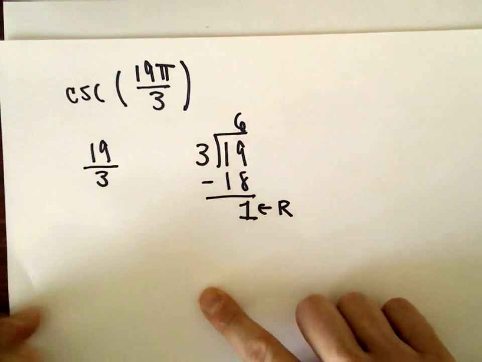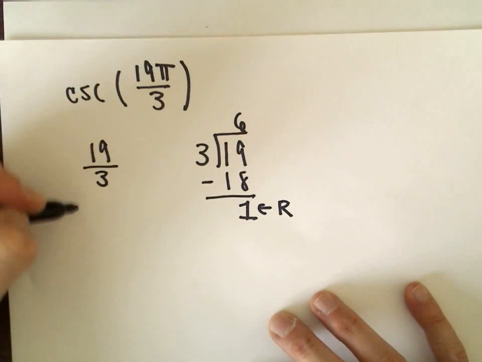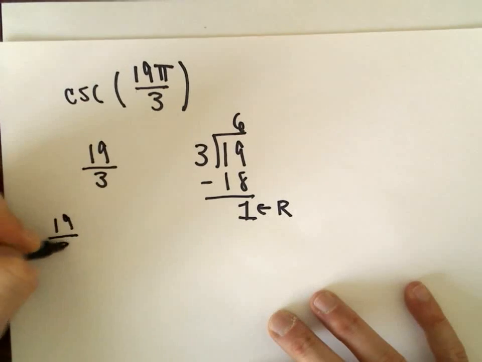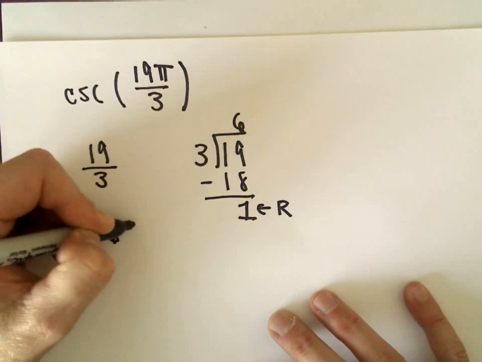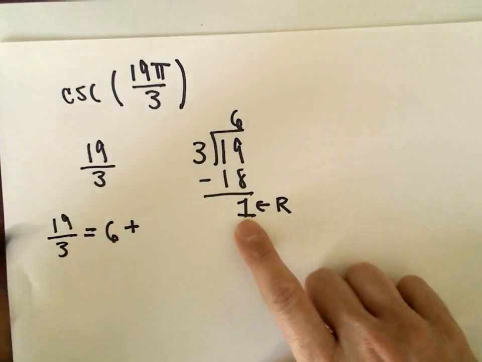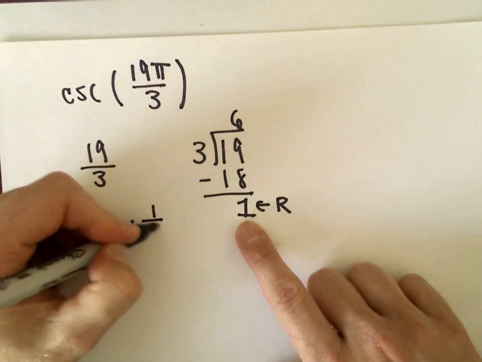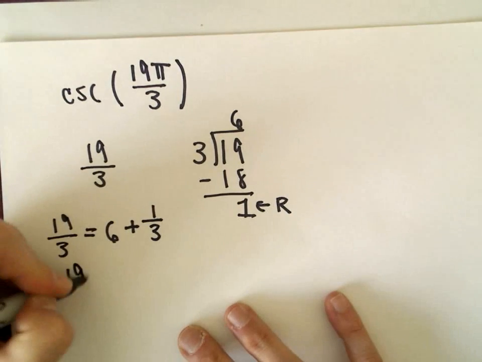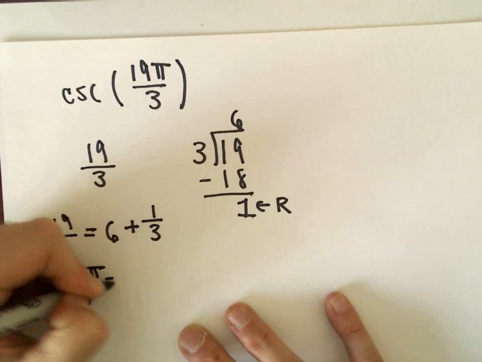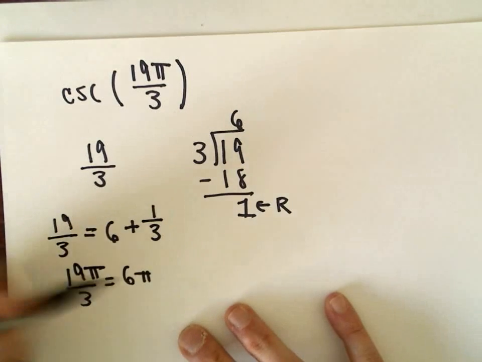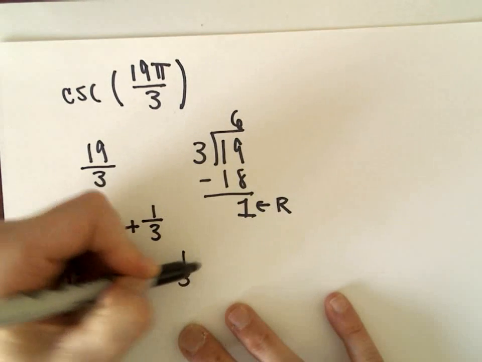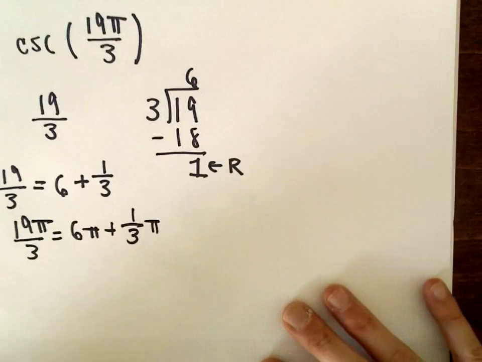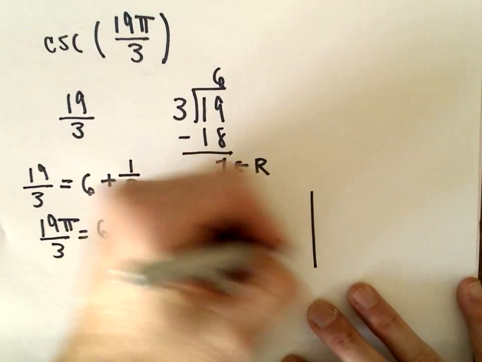That's my remainder. So I can write 19 divided by 3 as 6, and another remainder of 1 divided by 3. So 19 pi divided by 3 is going to be 6 pi plus another 1/3 pi. Well, we just looked at that. Same idea.